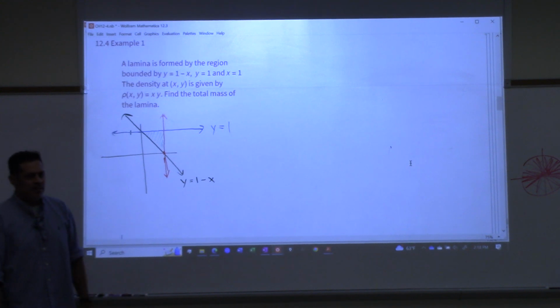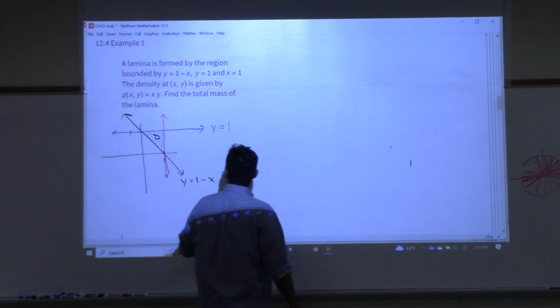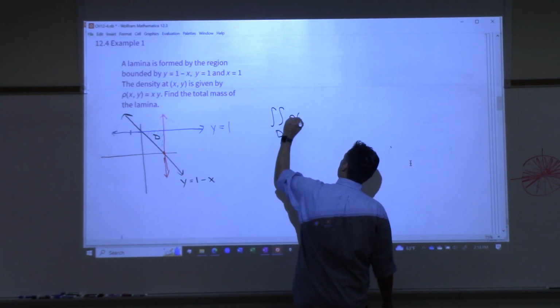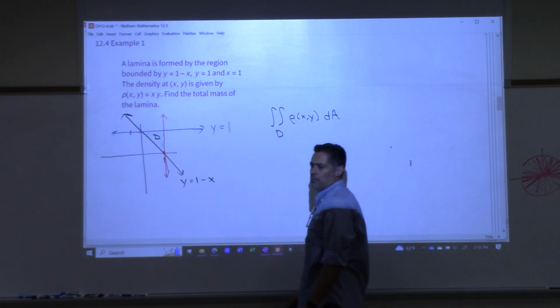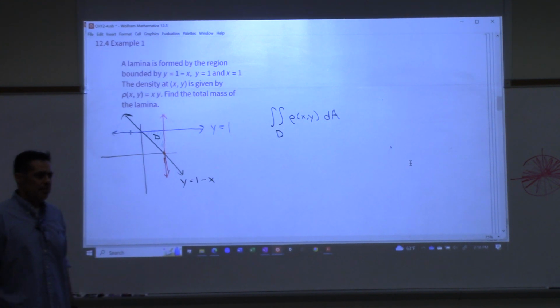It really doesn't matter. Region, domain, however you want to look at it. So what I need to do is the double integral over D of the density function with respect to area. You're taking the density times the area to get the mass, and then you're adding all those masses up.